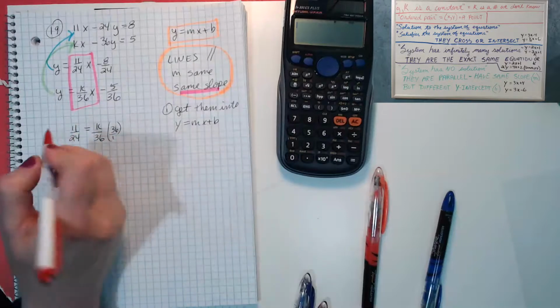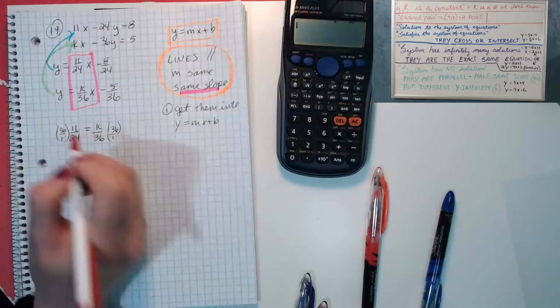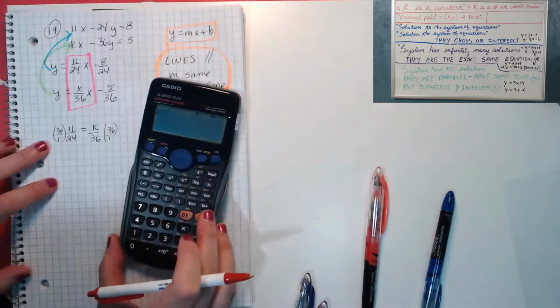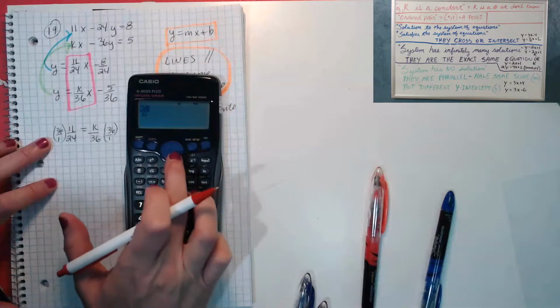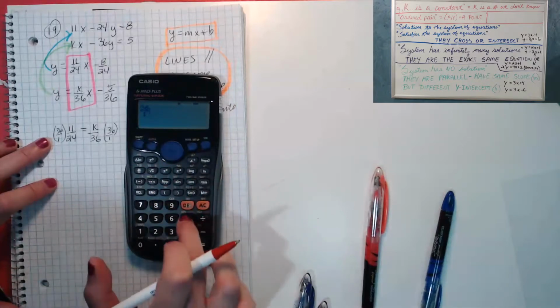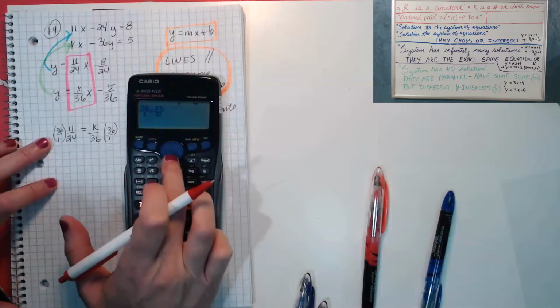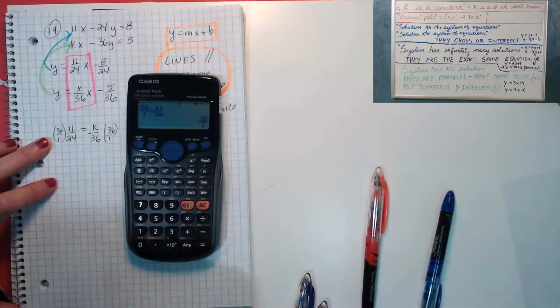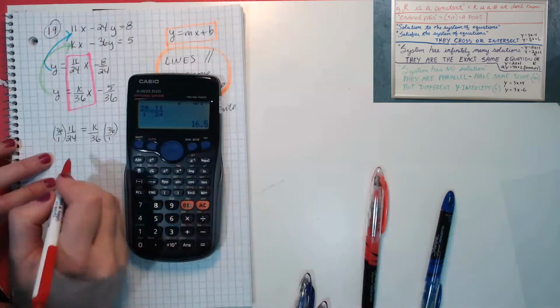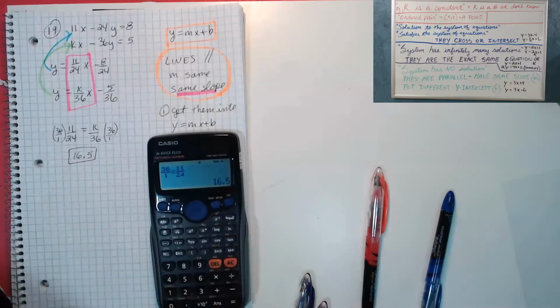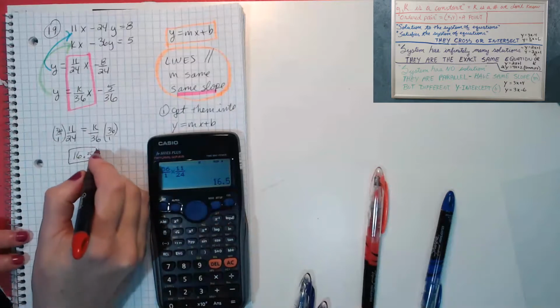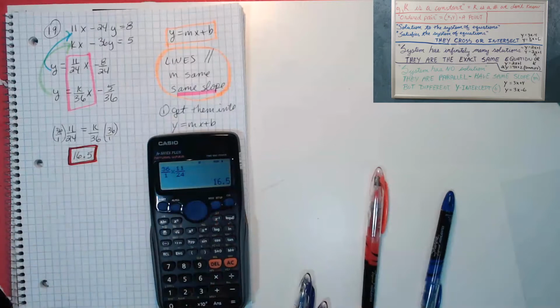Do both sides times 36. And yes, you can do this both ways, but I'm going to do it with the calculator. 36 over 1 times 11 over 24 is 16.5. That's the value of the constant k.